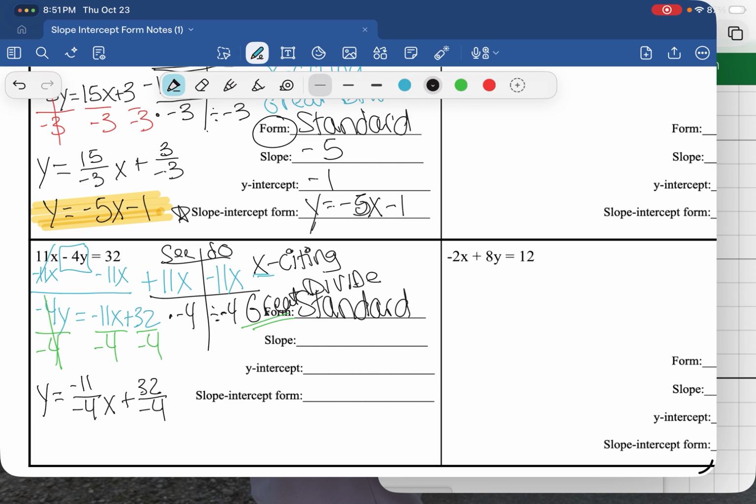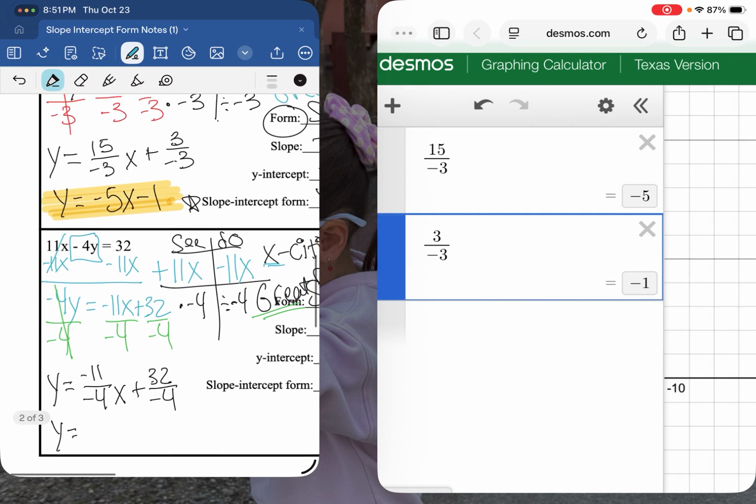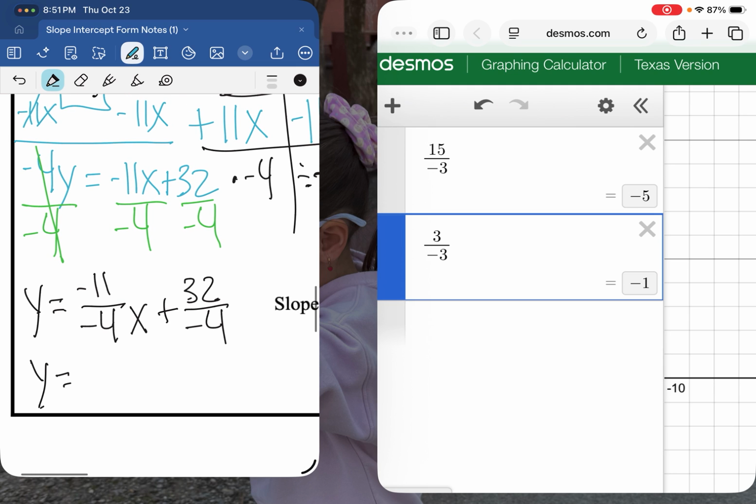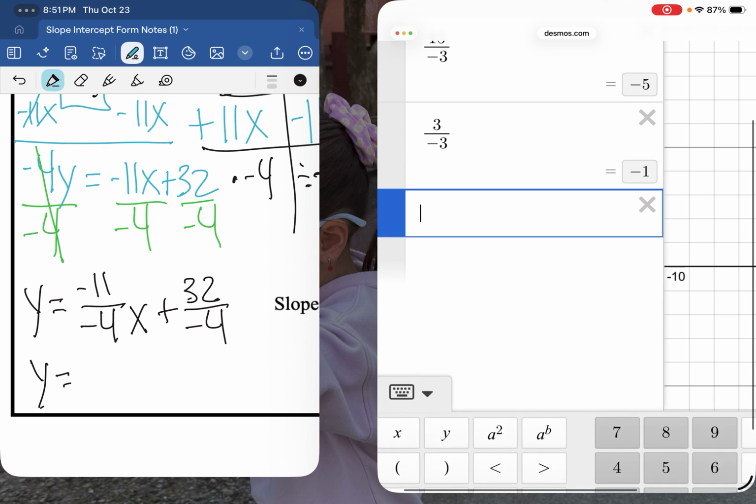So again, at this point, I hope you're seeing that this can probably be simplified. I also see a double negative, so I know that that turns into a positive. But again, if you are still unsure or want to just verify your answer, you are going to go ahead and plug that in to Desmos to verify.